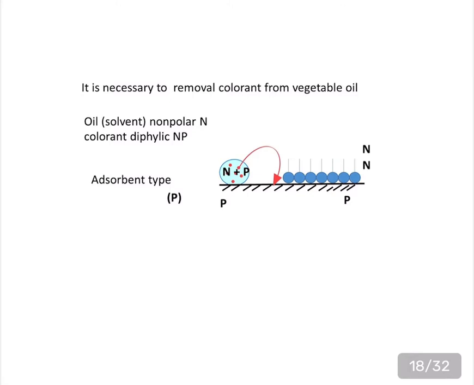Polar liquid better wets polar solid material. And if we need to remove a substance that contains a polar part, we must choose polar solid material. If we choose non-polar solid material, it will be wetted by oil as well as colorant, and as a result, colorants are not removed.